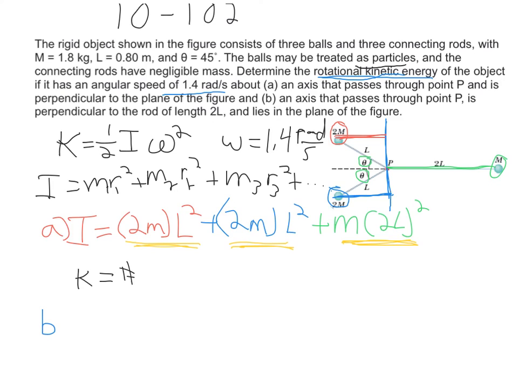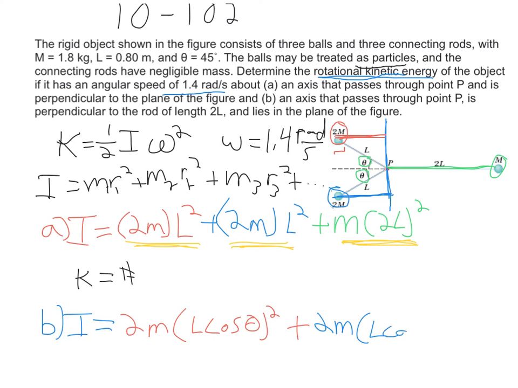So if we go ahead to figure out what the I value is in part B, starting with this mass, it's going to be 2m multiplied by L cosine theta squared, plus the next mass, which is also 2m times L cosine theta squared, and then lastly the one that I've made green is the same as it was before, m times 2L squared.